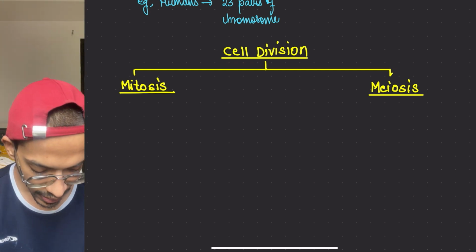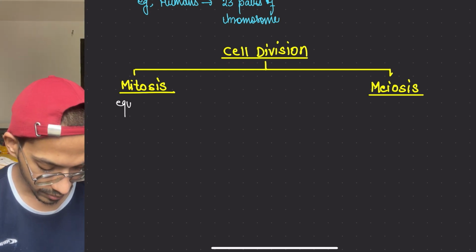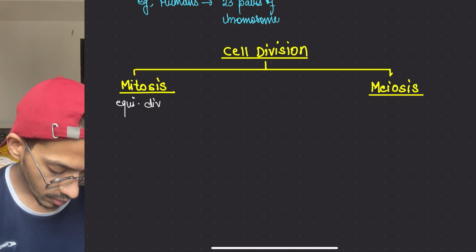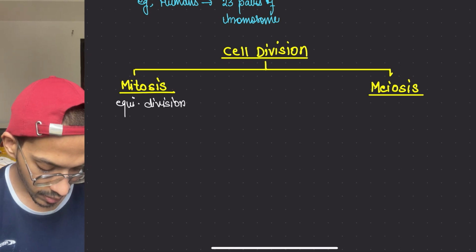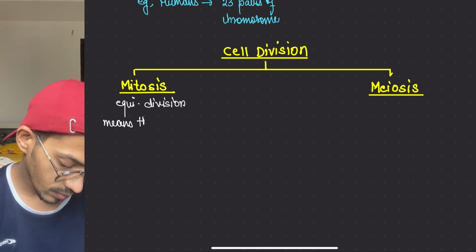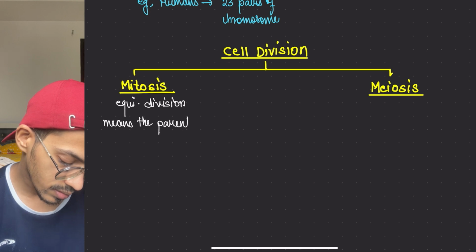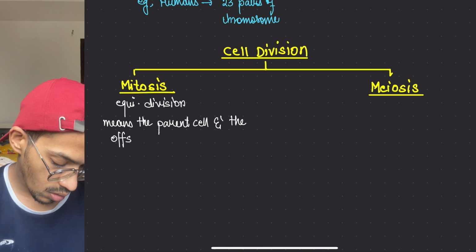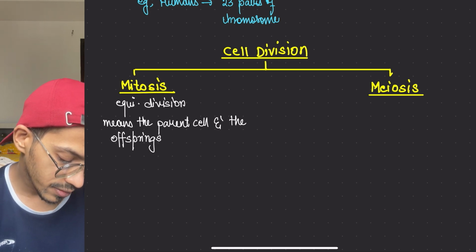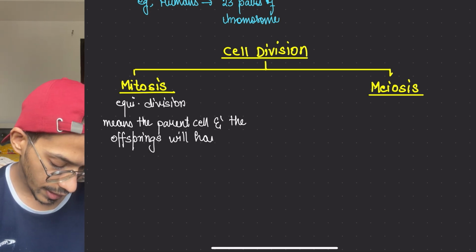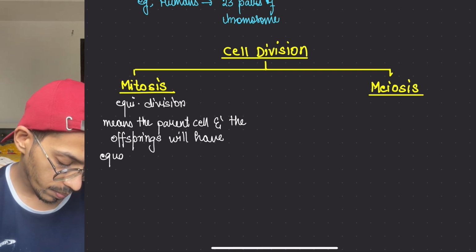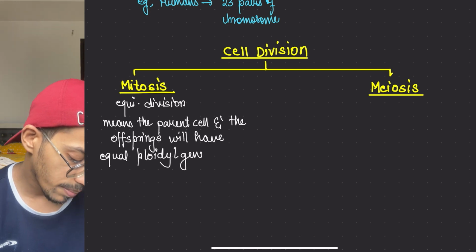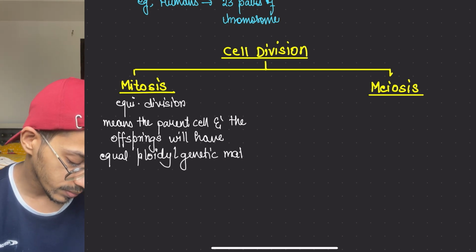So what is mitosis? It is an equational division, or equal division. It means the parent cell and the offspring will have equal ploidy. Ploidy means genetic material, or number of chromosomes, whatever you want to call it.